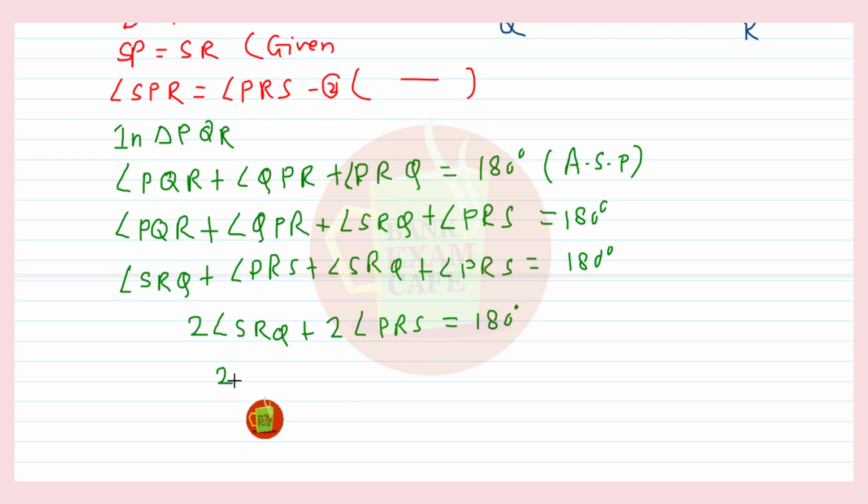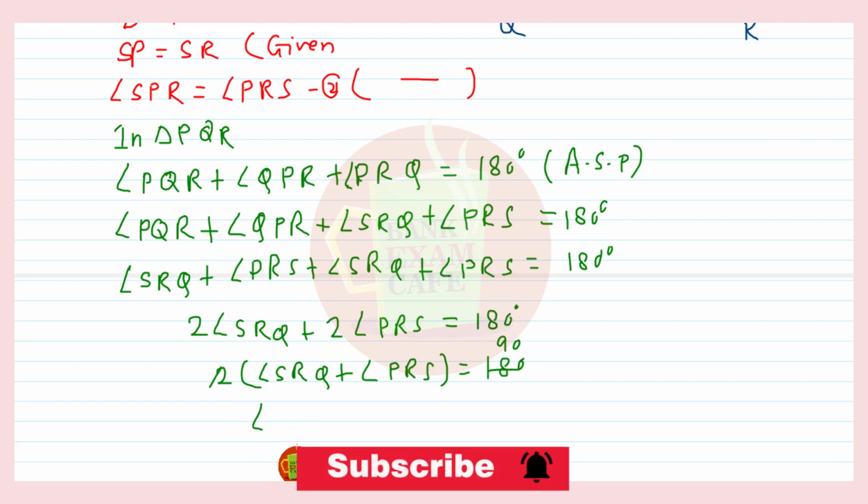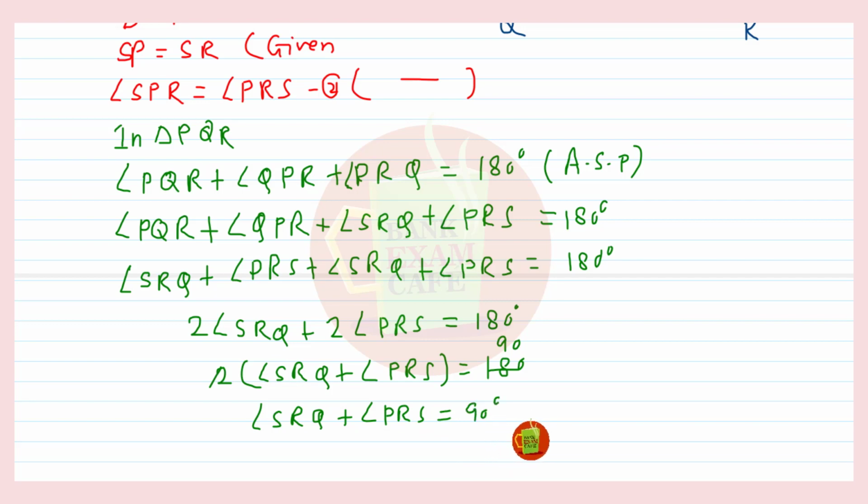So take out 2 as a common factor, so it will be angle SRQ plus angle PRS, which is equal to 180 degrees. 2 1s are 2, 2 90s are 180, and so angle SRQ plus angle PRS is equal to 90 degrees.